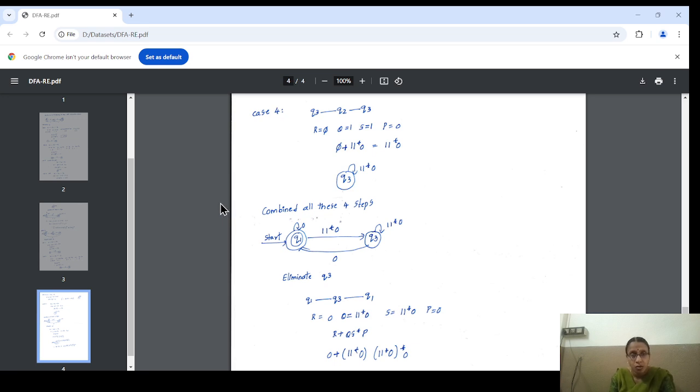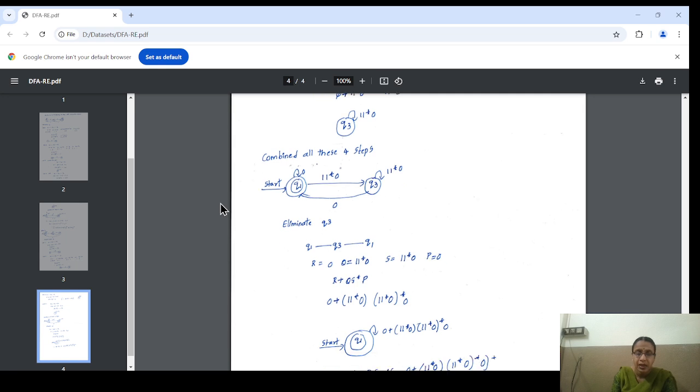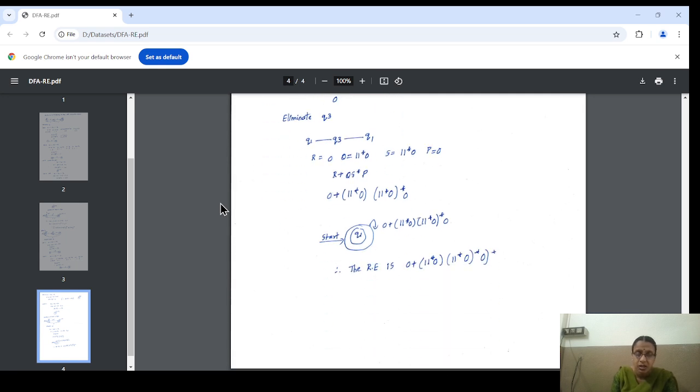P means there is no intermediate state, so the P value is 0. And here R plus Q into S star into P. Therefore, R means 0, Q means 1 into 1 star into 0, S means 1 into 1 star into 0, and P equal to 0. So after substituting, we get the regular expression like this.